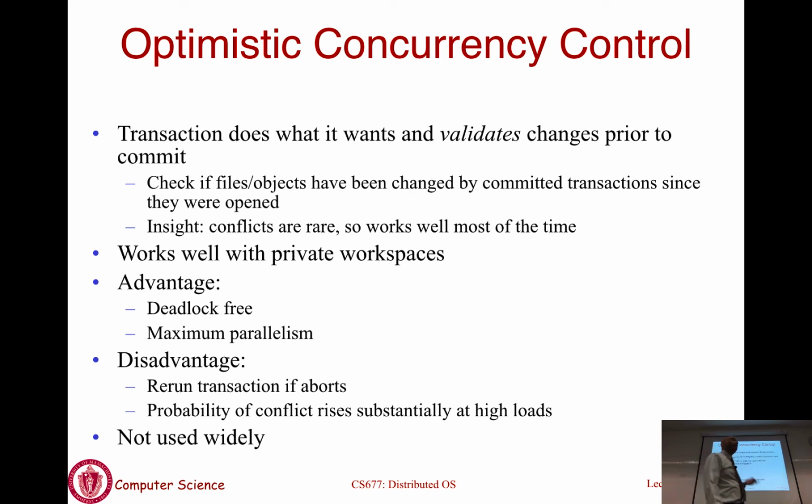Moreover, the problem actually occurs when the load on the system is high. At low loads, there are few transactions to begin with, and the probability that they will conflict with one another is low. As the load goes up, there are lots of transactions executing concurrently, so the chances that any two conflict go up. And then you have to rerun that transaction, which increases the load even further. So at high loads, what you see with optimistic concurrency control is that the system is very busy executing a lot of transactions.